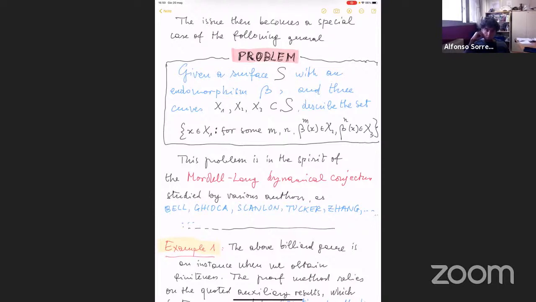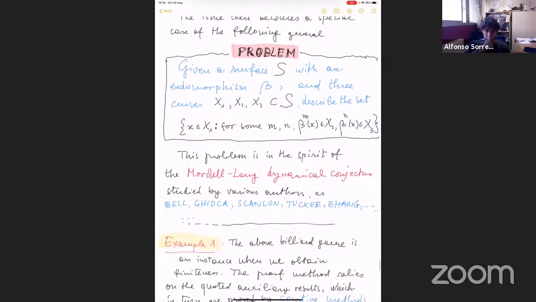So the problem that I have discussed before can be seen as a problem of this type, where the surface here will be the product of the ellipse by itself, and the beta corresponds to the billiard ball, an endomorphism of the square of the ellipse.